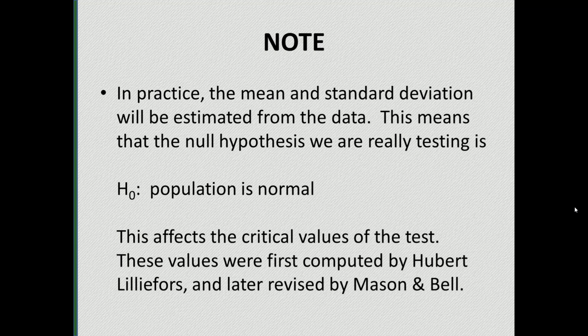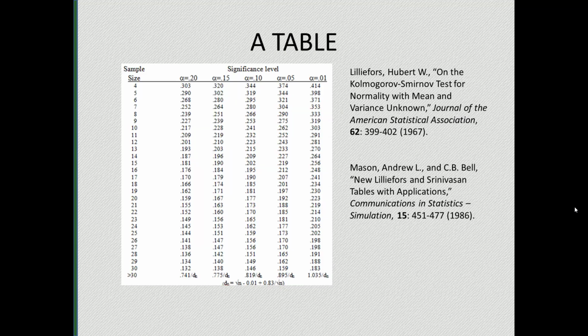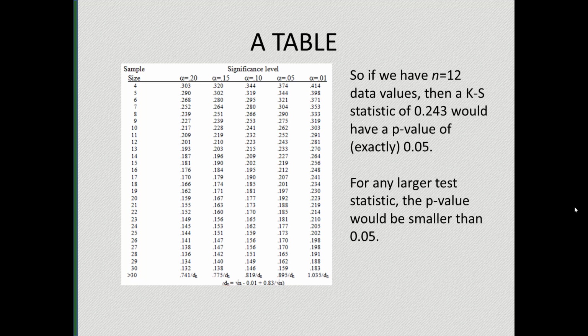A chap by the name of Hubert Lilliefors worked out these critical values, and two other chaps by the name of Mason and Bell later revised and improved Lilliefors' values. And a table of these values is shown here. And I've given the references, but let's see what this table means. Let's suppose we've got 12 data values.